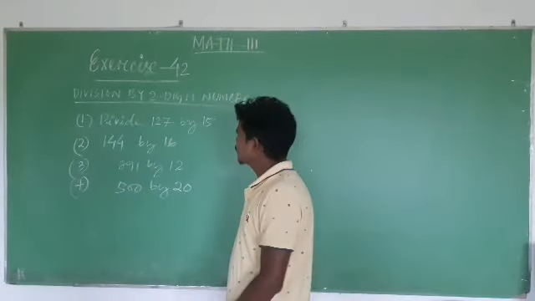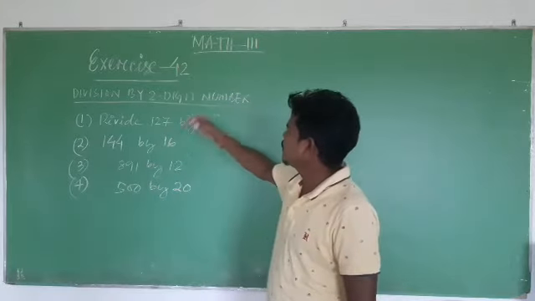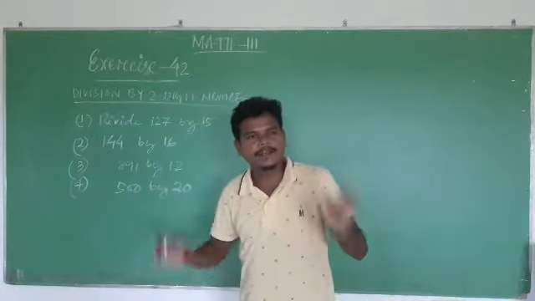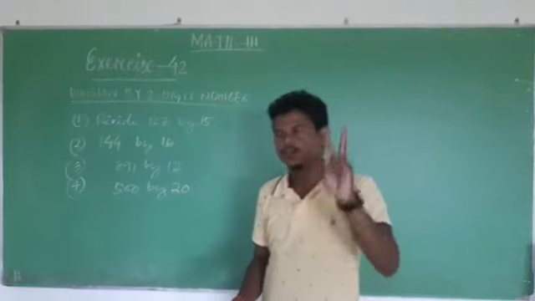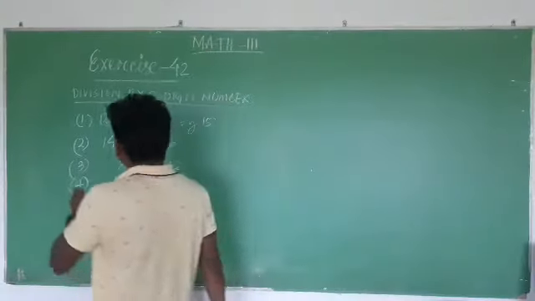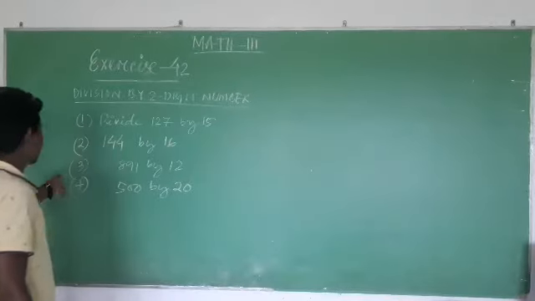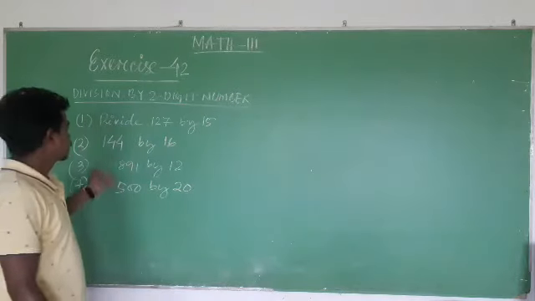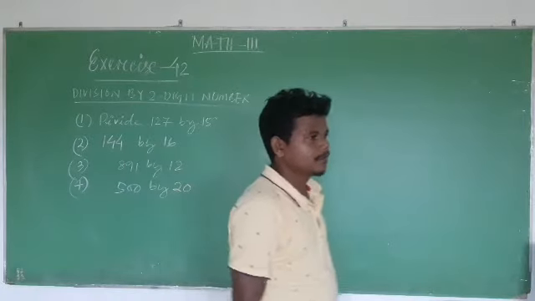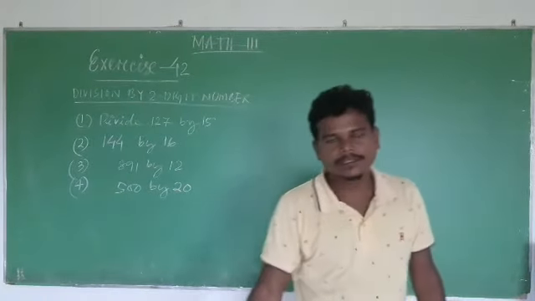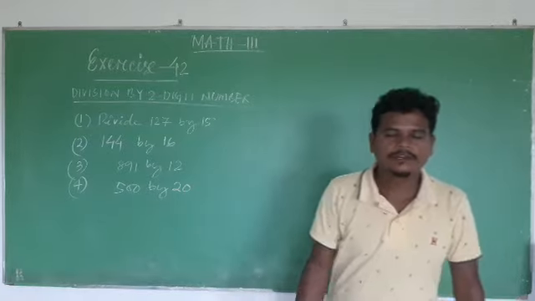Exercise 42 explains division by two-digit number. Any given number will be divided by a two-digit number. Here I have written 4 questions for you, and then you can move into the exercise 42, and you may find it easier for solving all these questions.